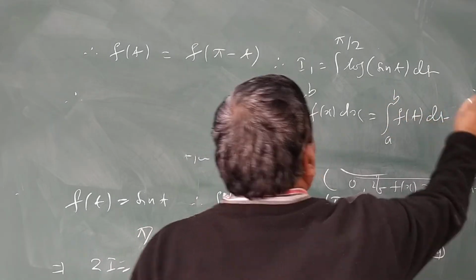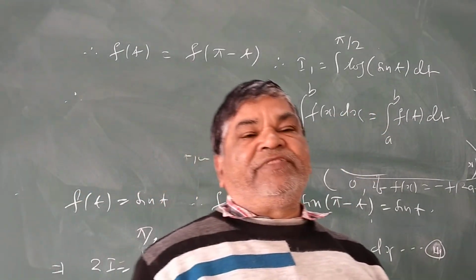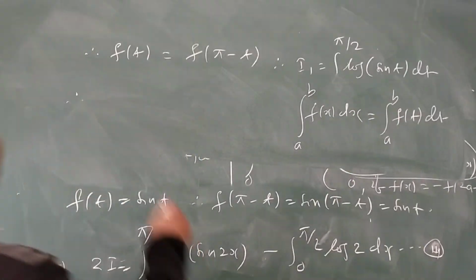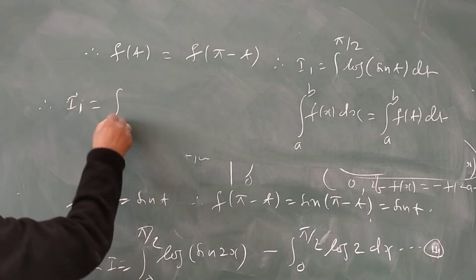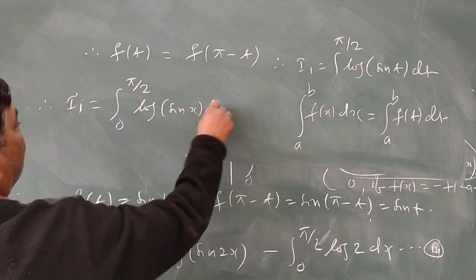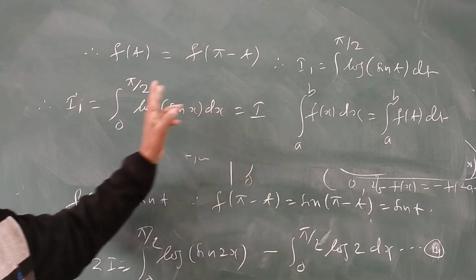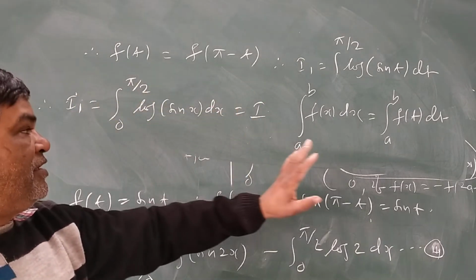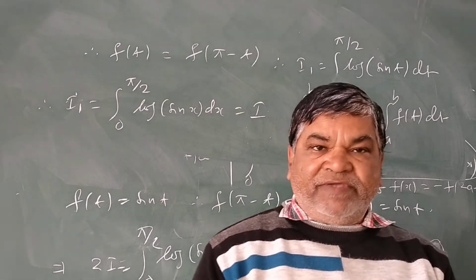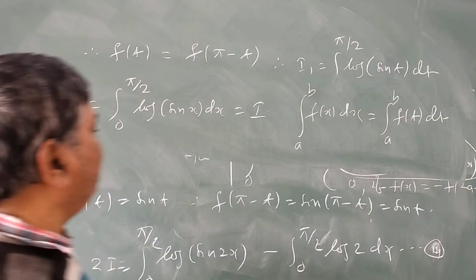By changing the variable of the function, the value of the definite integral never changes. So I1 is equal to the integral from 0 to pi by 2 of log sin x dx, this is your I. What was asked in the question is I, and I1 and I are both equal. So we used property number 5, property number 7, and property number 4. You can see the properties in Part 2.